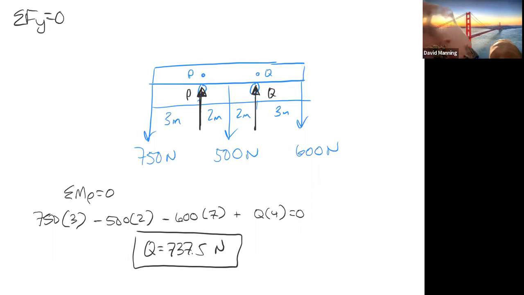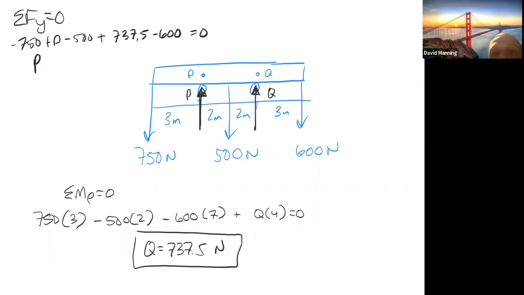So we have negative 750 plus P minus 500 plus Q minus 600. Plus 737.5 minus 600 equals 0. P equals 1112.5.